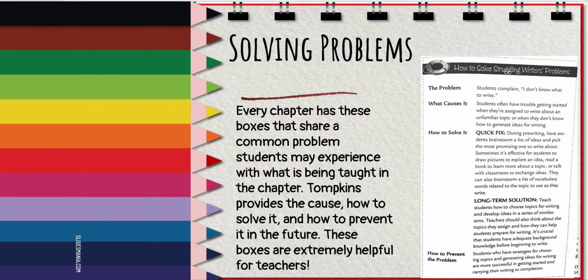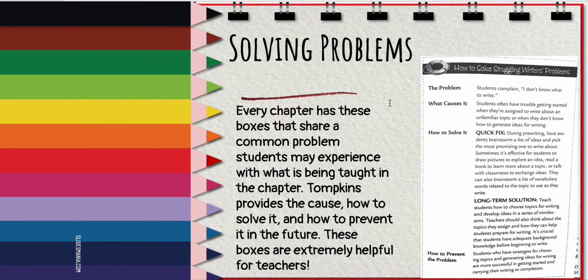What I also love about this book is how each chapter had these boxes called Solving Problems, and they expounded upon common problems that writers face within the topic that's explored in that chapter. So for example, this one I think was from chapter 2, and it explains how to solve struggling writers' problems, which is they complain, I don't know what to write.